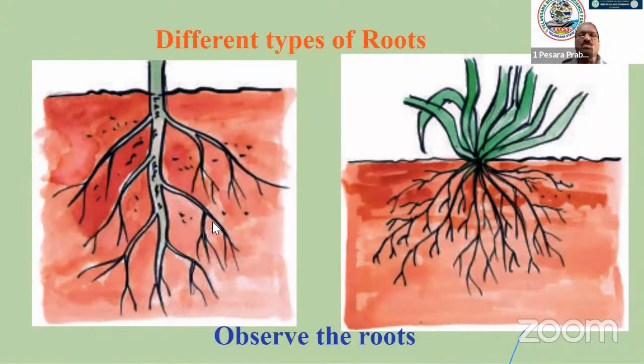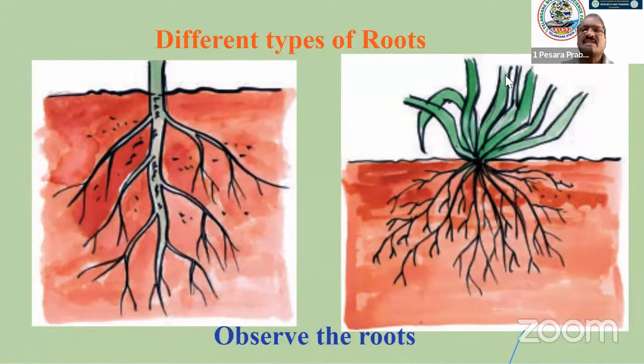See here. First of all, we may start from roots. Root system. Just observe the roots. Here, two diagrams are given to you. This is one type of root system and this is another type of root system. Now tell me, are these two root systems similar? Some persons raised their hand, but children, remember, I will give you a chance later.